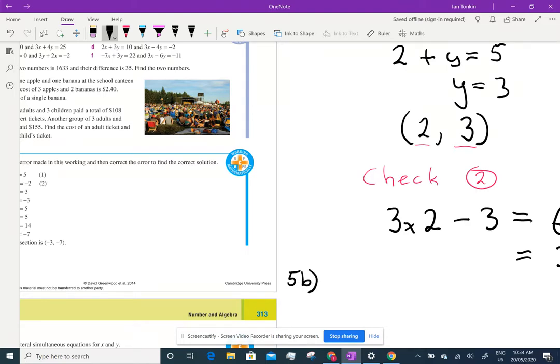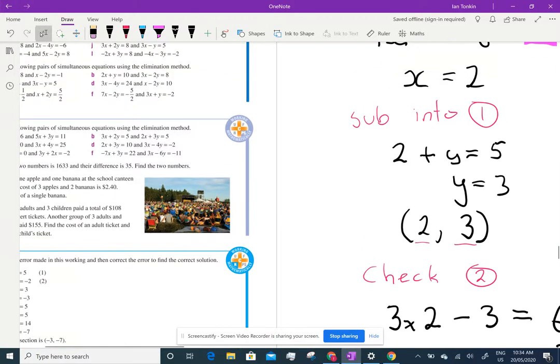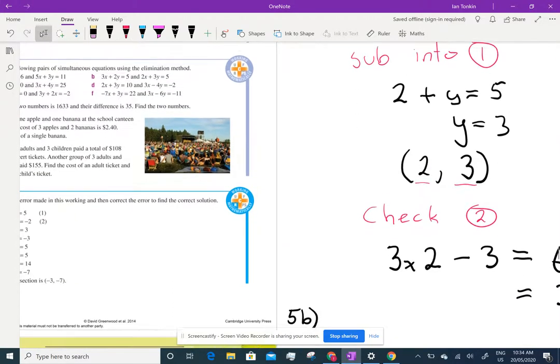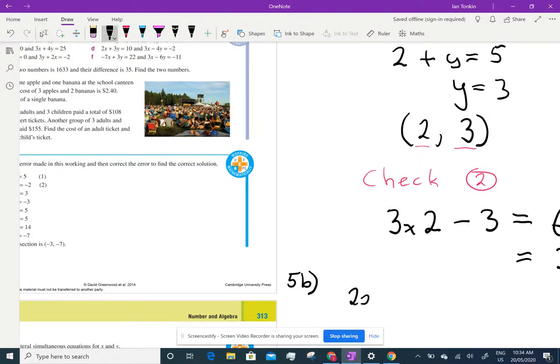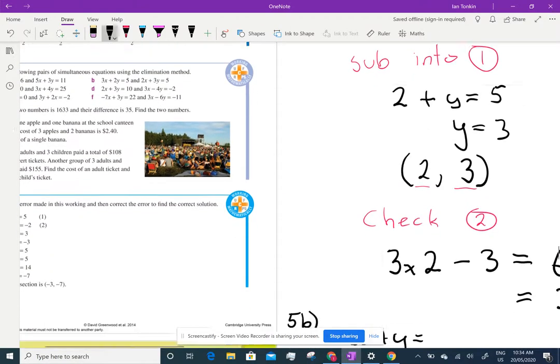First thing, what are my two equations? On 5b, my equations are 2x plus y equals 10.